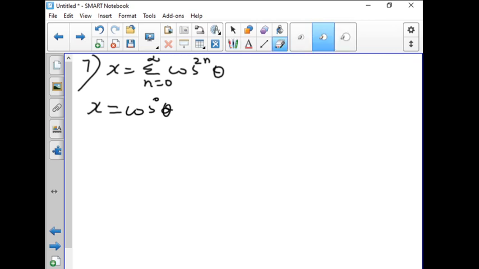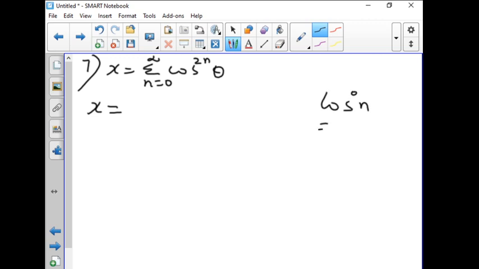Therefore, we can write this as cos to the power 0 n, so cos theta the whole power 0.